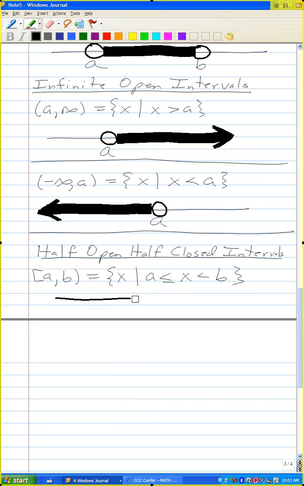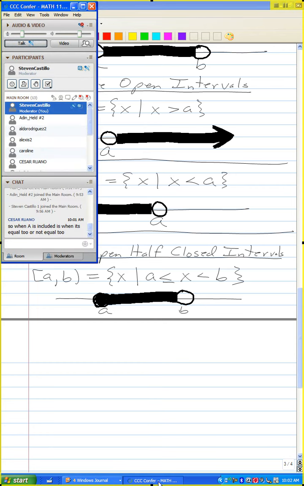Oops, let's include this. So include A, not include B, and include everything in between.